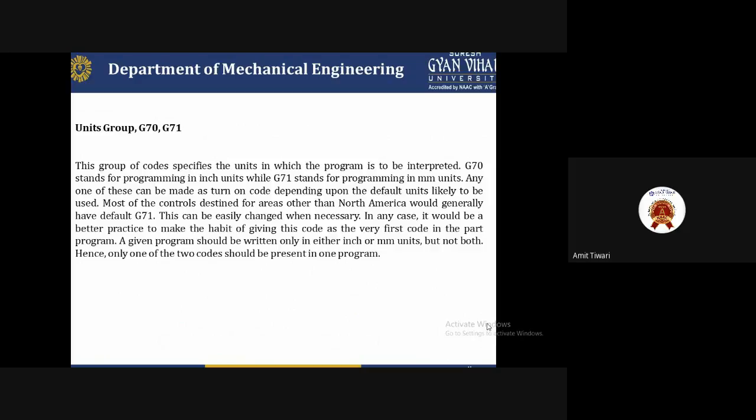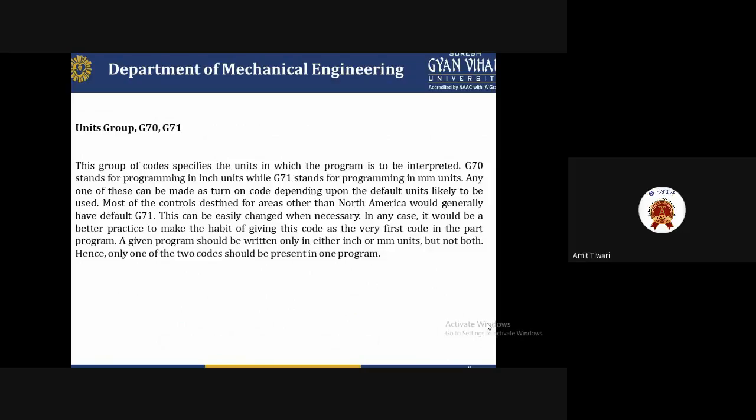A given program should be written only in either inches or metric units, but not both. Only one of the two codes should be represented in one program. These are the reasons to maintain the quality of the product.